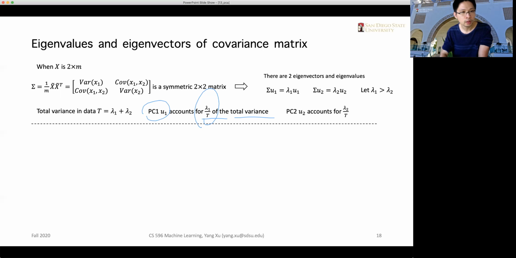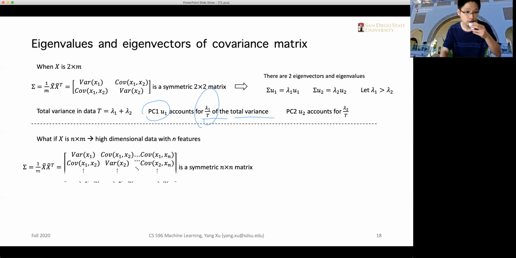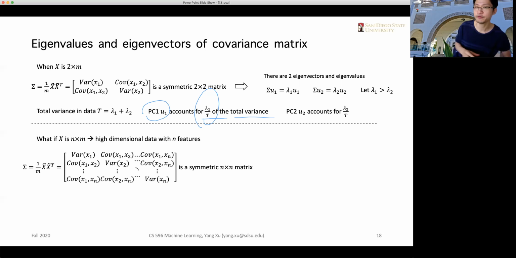Okay, and in a more generic case, if we have n by n, it easily extends this whole concept. The resulting covariance matrix is n by n. It's also symmetric if you look at the entries along the diagonal.